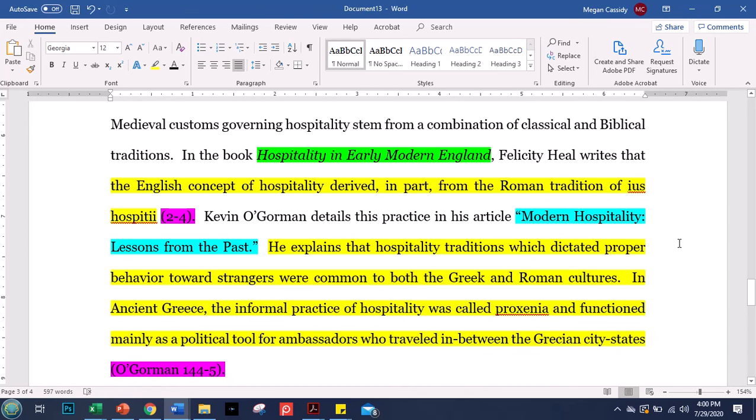So in both of these cases, I actually want to say this isn't even a paraphrase. This is a summary of his whole article, or essay, whatever you want to call it. I called it an article. So it's a summary of his whole article. So I don't have a quotation there because I'm not quoting him directly.